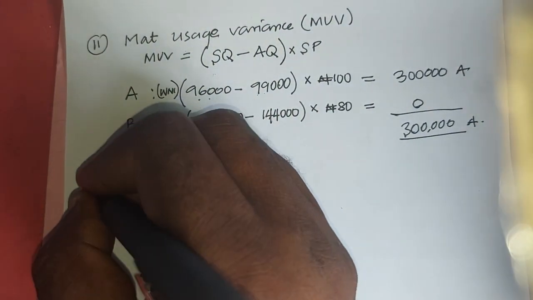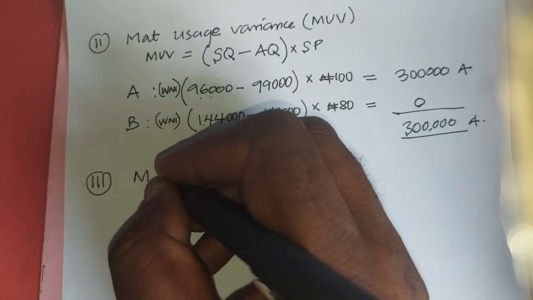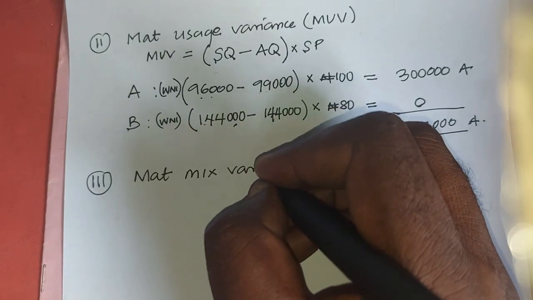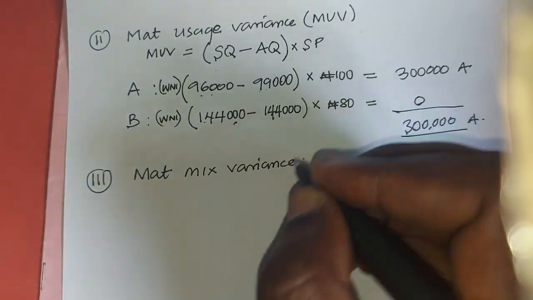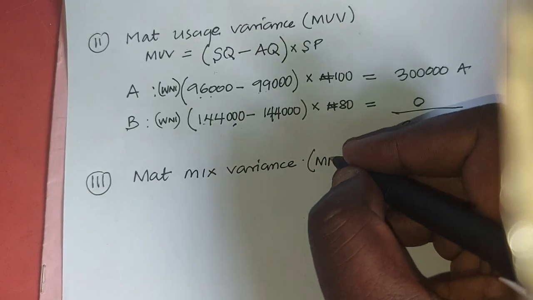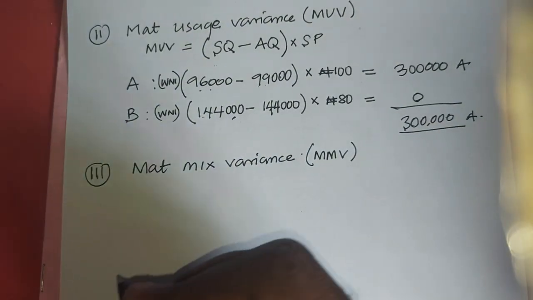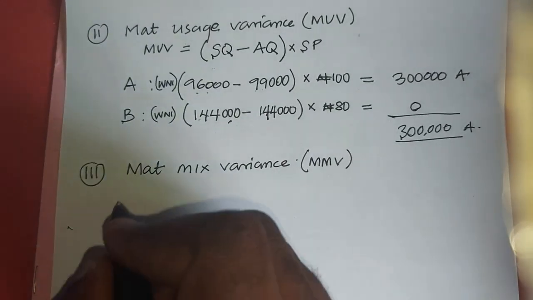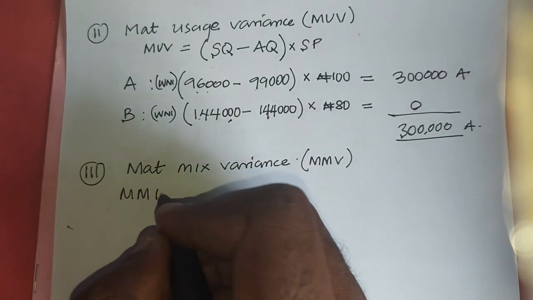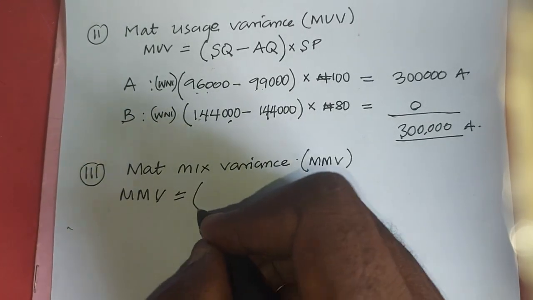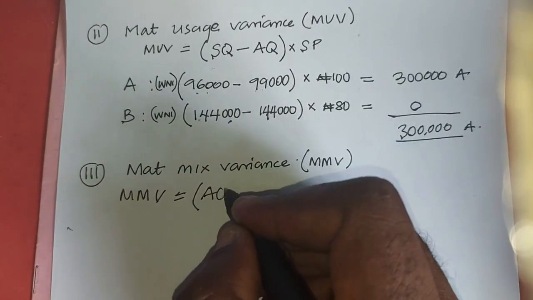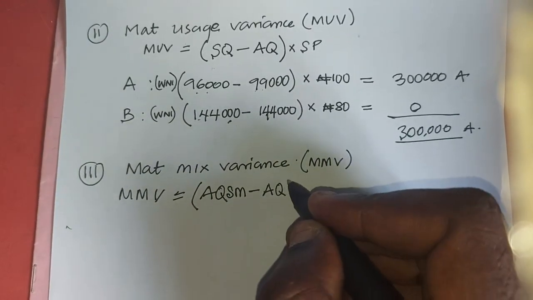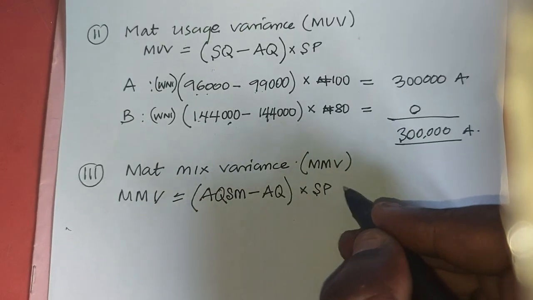Then the next one is, now look at this, material mix variance. So this is material mix variance. Material mix variance is calculated as actual quantity in standard mix minus actual quantity, multiplied by the standard price.